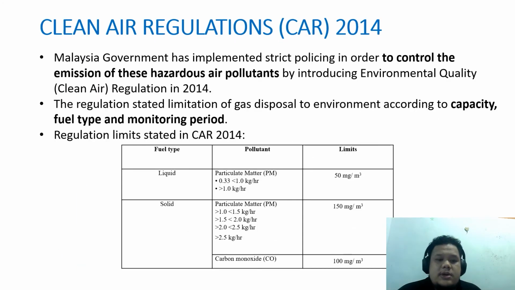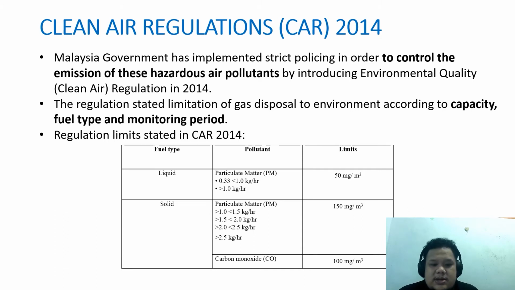As we all know, the Malaysian government has implemented strict policing in order to mitigate the emission of hazardous air pollutants by introducing the Environmental Quality (Clean Air) Regulations in 2014. The regulation states the limitation of gas disposal to the environment according to capacity, fuel type, and monitoring period.